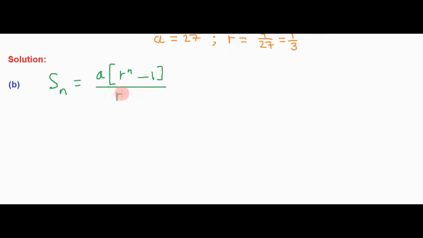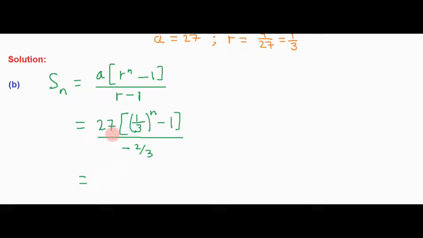And we're going to substitute in the values of A and R. A is the first term, it's 27. R we saw was a third. So a third to the n minus 1. Then in a denominator, we have R minus 1, which is a third minus 1. In other words, negative 2/3.